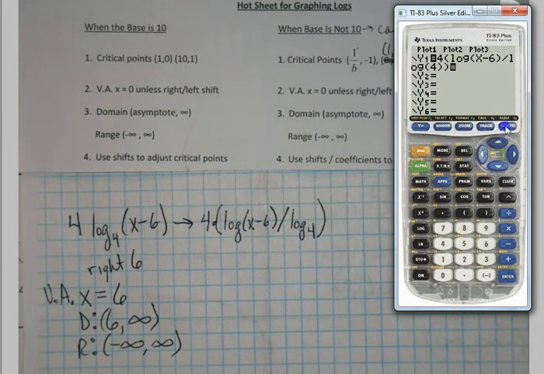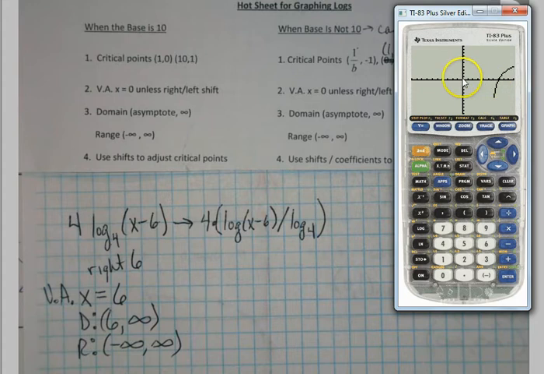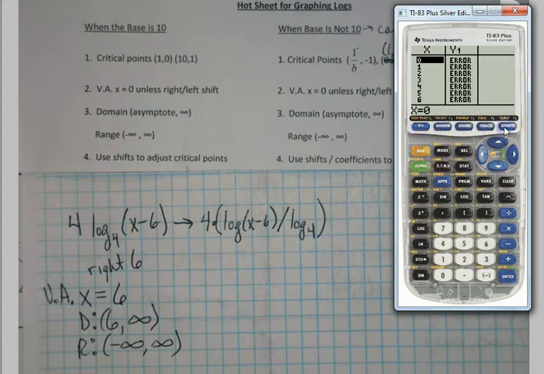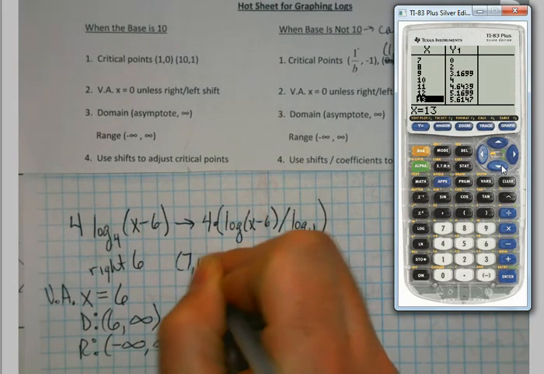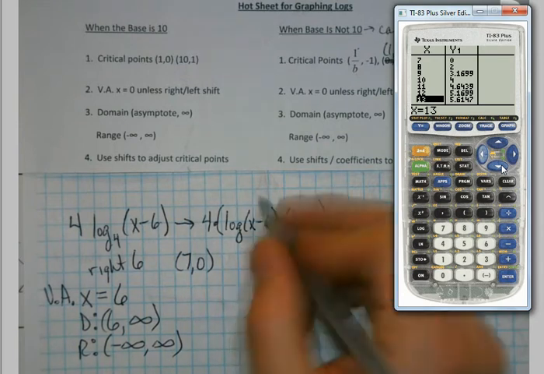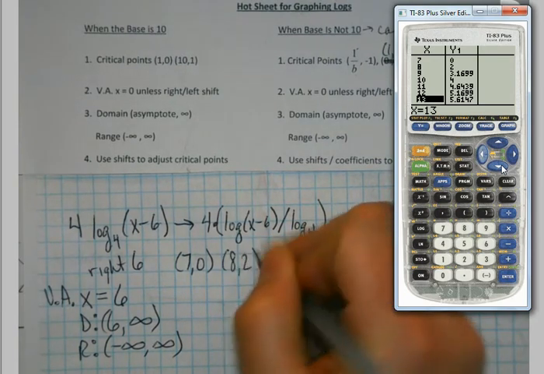Once I graph it, I notice a couple of things. You're like, okay, we shifted to the right 6, but then, ooh, this is kind of going, whew. So let's take a look at the table and see what we get here. I've got a point at 7, 0. I've got a point at 8, 2.